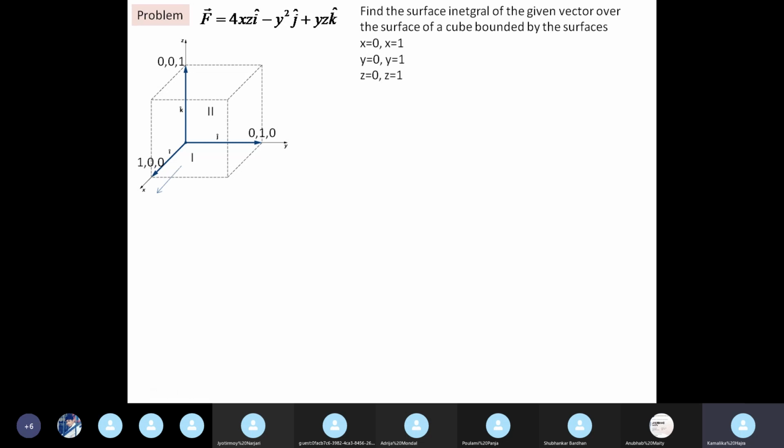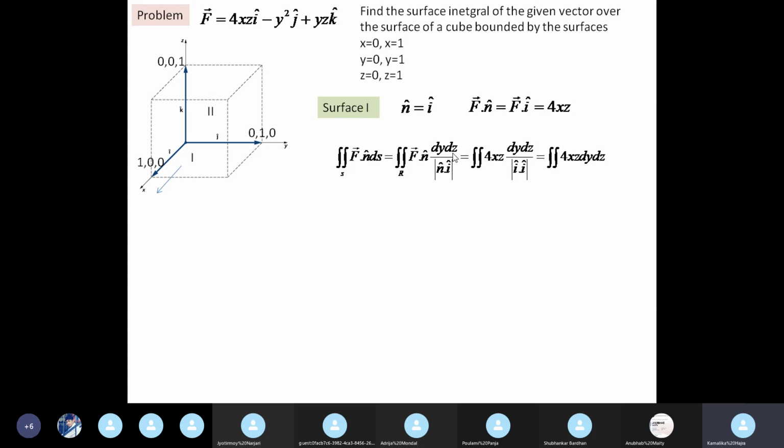Now this arrow represents the normal to the front surface. So what is the direction of this normal? The direction of this normal is along the x-axis, i cap. Okay. So for surface 1, n cap is equal to i cap, so that f dot n cap is f dot i cap, which is 4xz.